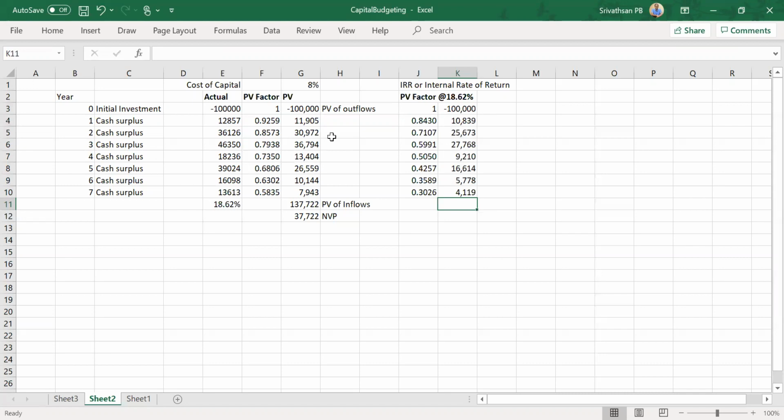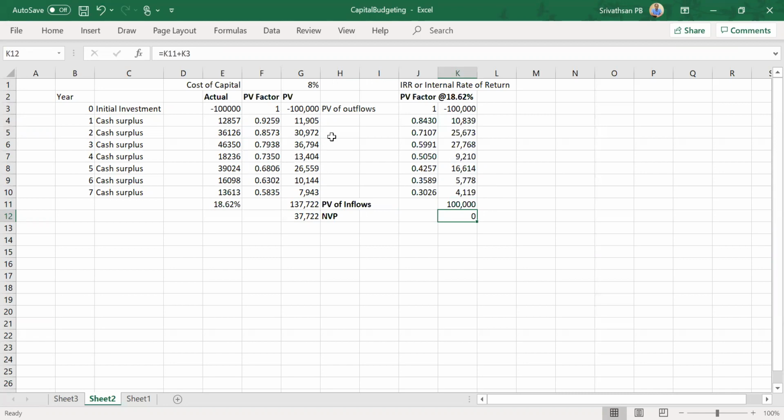So we have the present value of the 7 years of cash flows. We'll do the total as we did earlier. You see the present value of the future cash inflows is also 1 lakh. So this is what we calculated here: PV of inflows, net present value, 0.